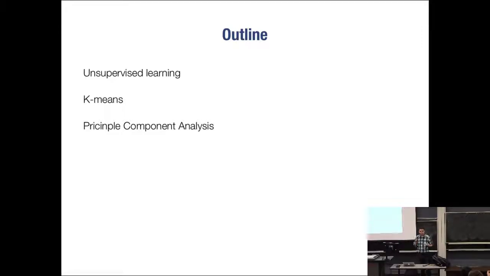So you have something like k-means, which is a clustering algorithm. People learn about that. And they learn about PCA, which is a dimensionality reduction algorithm, which seems to be something entirely different, right? It looks like a different kind of geometry, different types of methods are being used. It seems completely different. But just like with supervised learning, it turns out that a lot of unsupervised learning algorithms all belong to this same class of methods.